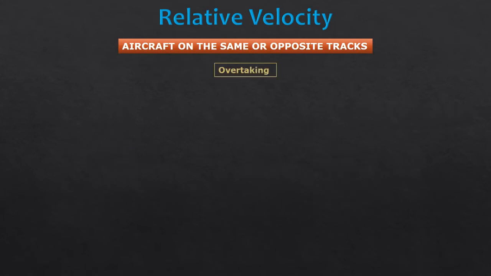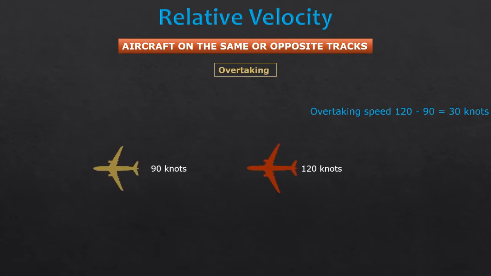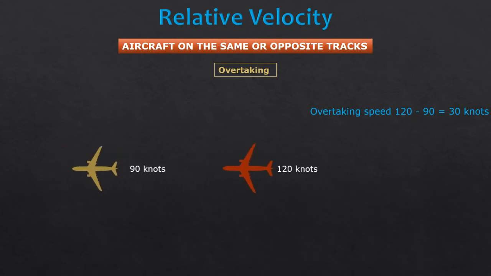Now we'll discuss overtaking. Two aircraft in the same direction, and one aircraft has a higher speed than the other. So in this case we can say the overtaking speed is 30 knots.